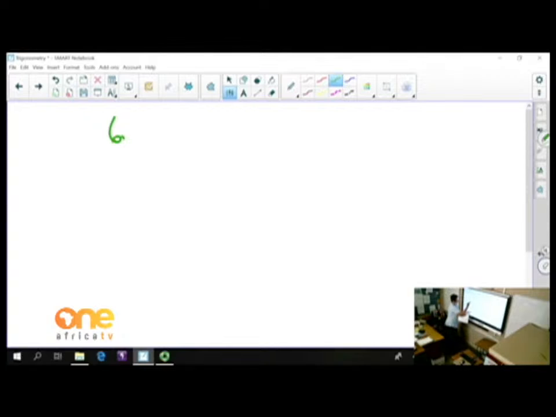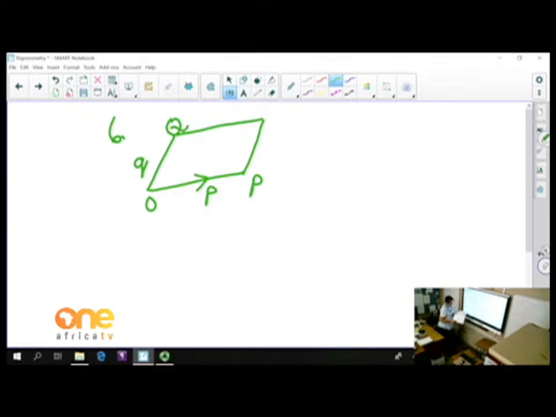Now, there we've got a picture looking like this. This is the vector P, and this is OP. This is the vector Q, and this is OQ. And then they say, write in the vectors OR. Now, to get to R, this is where we take the long road.